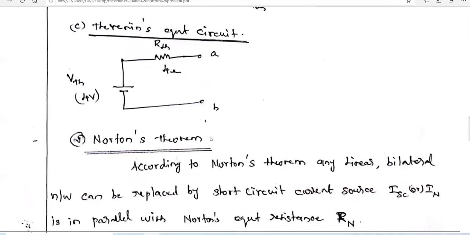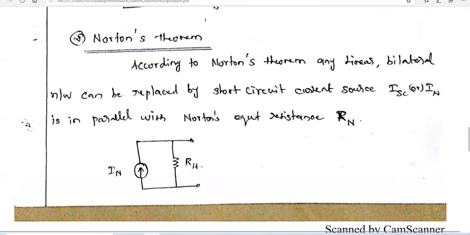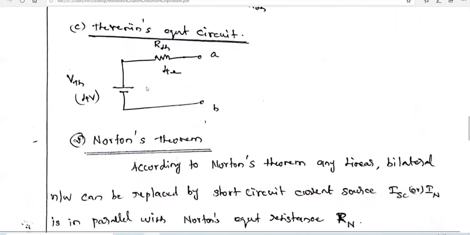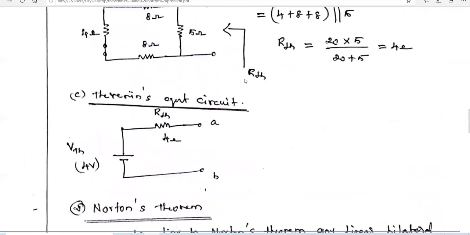So Thevenin's equivalent circuit is a voltage source model, and Norton's equivalent is a current source model. We may convert the voltage source model into the current source model using the source transformation technique also.